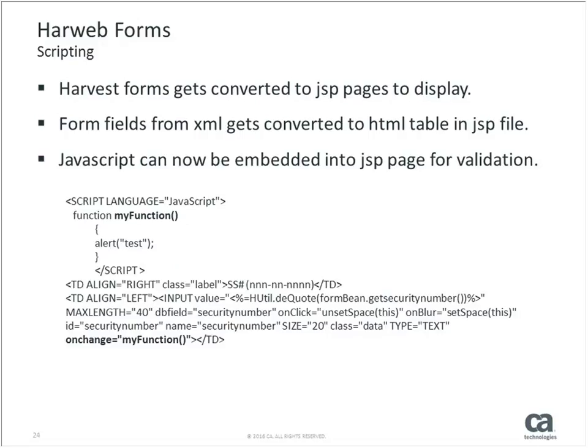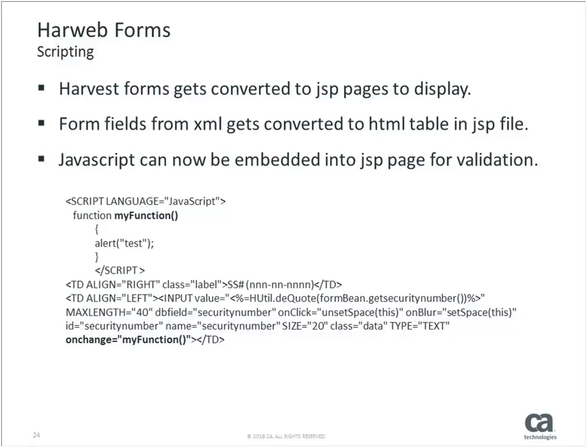So if you see, the Harvest form gets converted to JSP pages to display. All the form fields from XML get converted to HTML in the JSP file. So JavaScript can now be embedded into the JSP page for validation purposes. Once the JSP page is generated, you can embed your own JavaScript, validation or customizations in the JSP page.